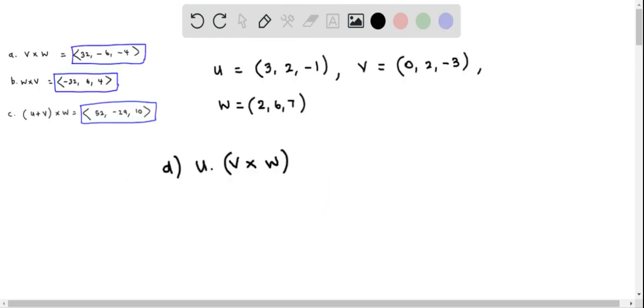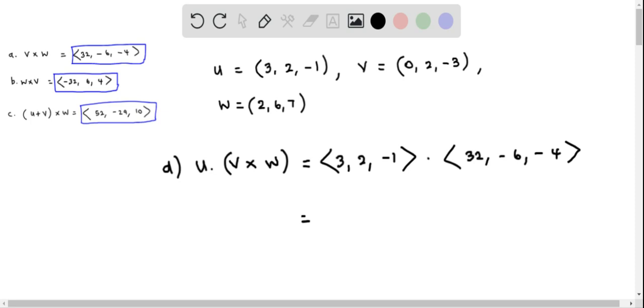In part D, we find u dot v cross w. This equals, replacing u by the vector 3, 2, negative 1, dotted with v cross w. We already found v cross w from part A, which is 32, negative 6, negative 4. So here we have the dot product of these two vectors.